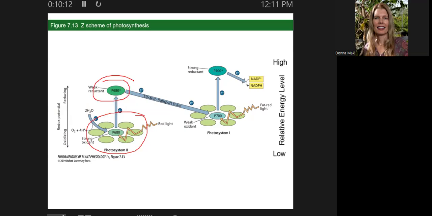And then they're trying to show here that you get this flow of electrons through a chain process, the electron transport chain process. And you see there's another photosystem involved here. In this diagram, what they're emphasizing is that you have these two photosystems, photosystem 2 on the left here, photosystem 1.